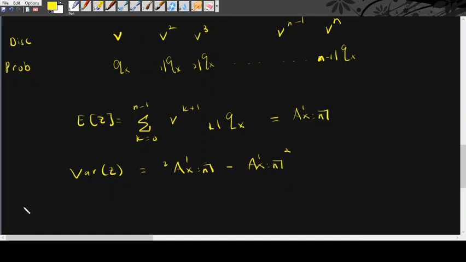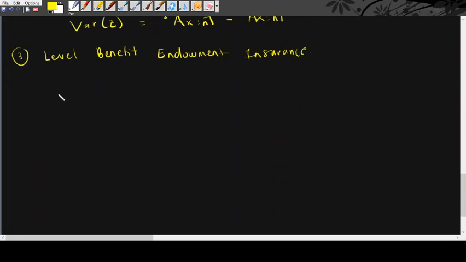Let's look at the next insurance, which is level benefit endowment insurance. For endowment insurance, the expected value of z equals the actuarial present value of the term insurance plus the actuarial present value of the pure endowment.